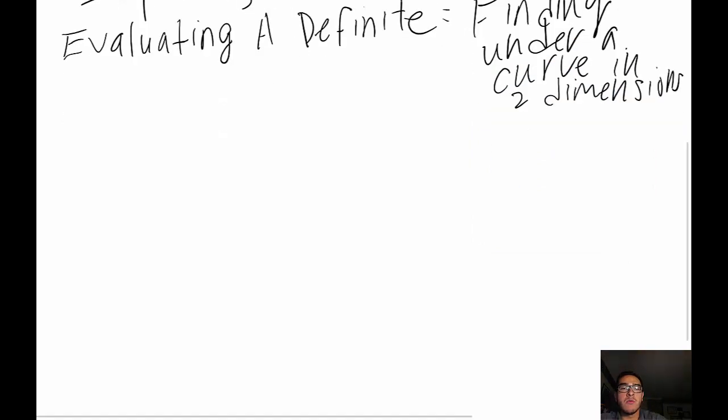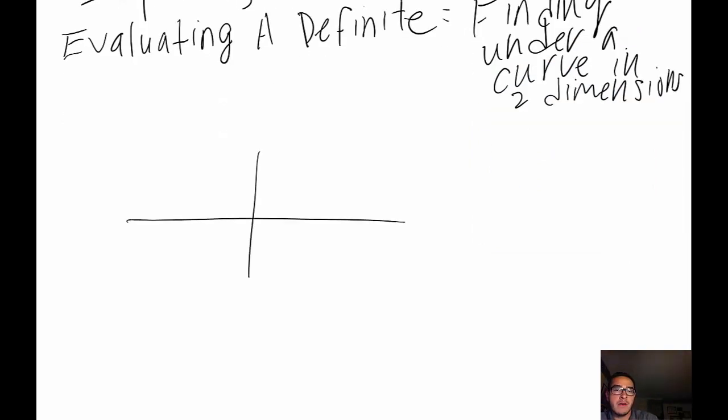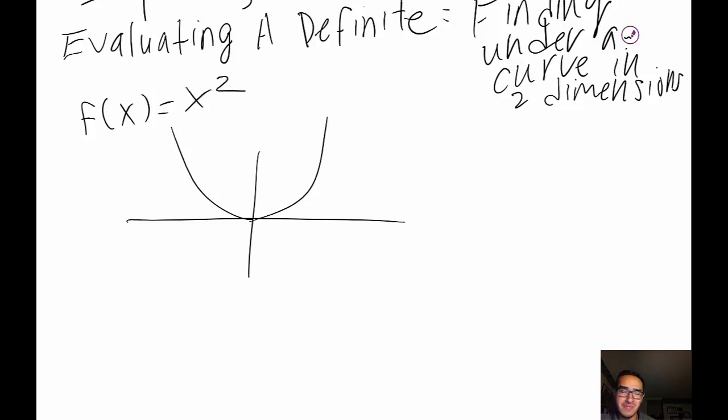But when you have an example that's more complex, for example, let's say we have f of x equal to x squared, and I asked you to find the area between 0 and 2, well, you wouldn't be able to find the area by using a formula, because there's no formula for finding that from 0 to 2. It's a curved function, and it's not a shape that we're familiar with.